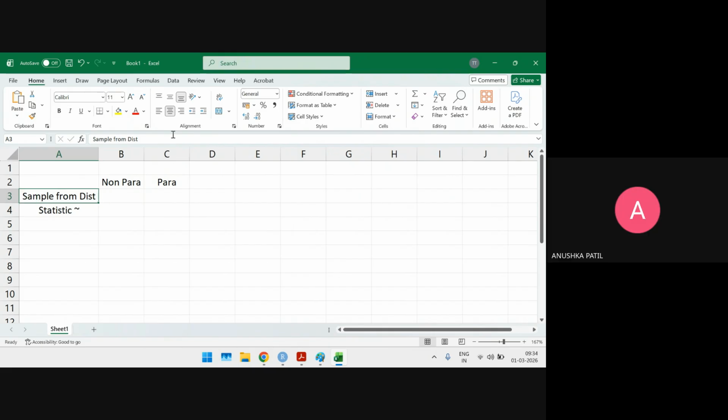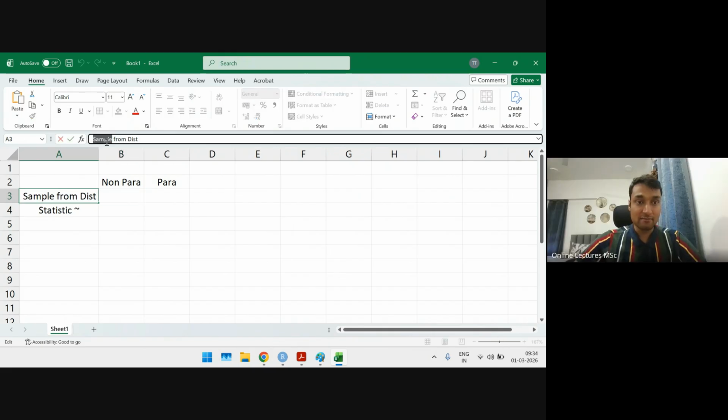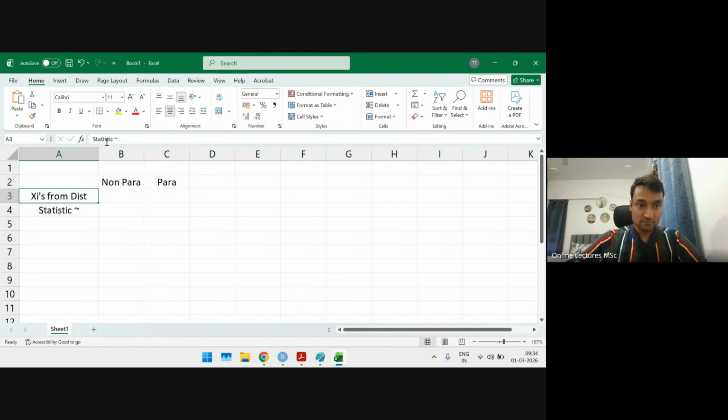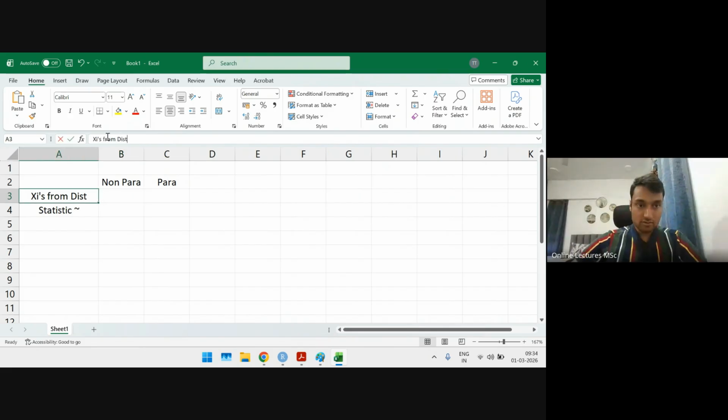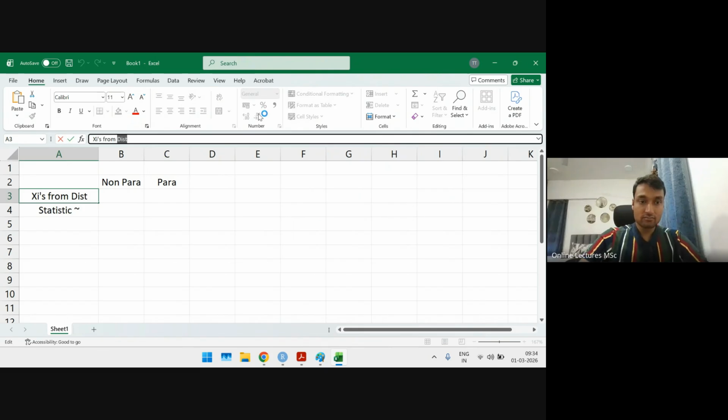In non-parametric, we generate the samples from the X only. I hope when I say sample, I'm saying X size.